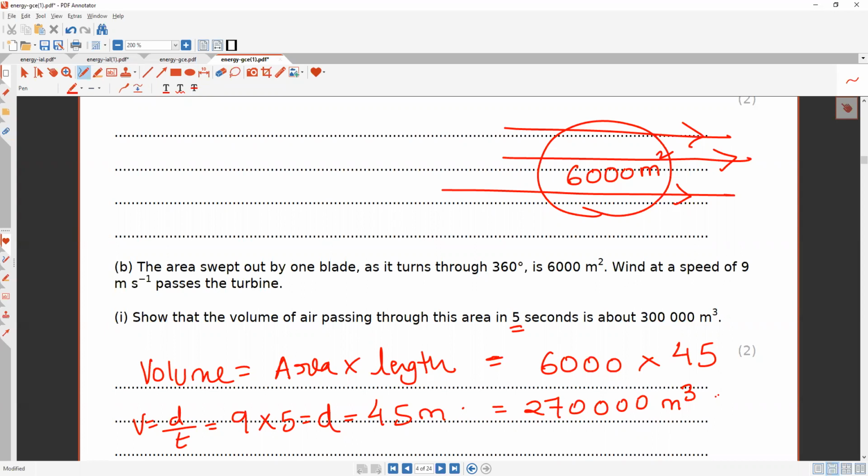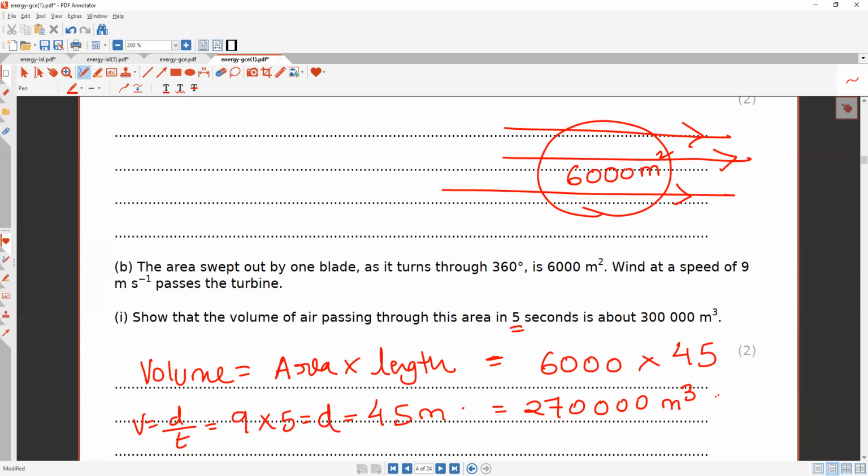Every second 9 meters. So in total 5 seconds, 45 meters of air must have gone in. So area is 6,000 into 45. Area into length is the volume of the air passed through. Online, everyone understood? Guys, clear?